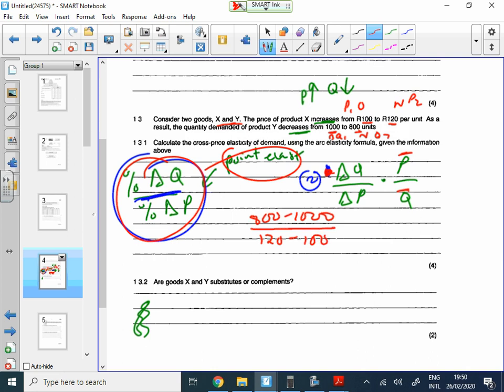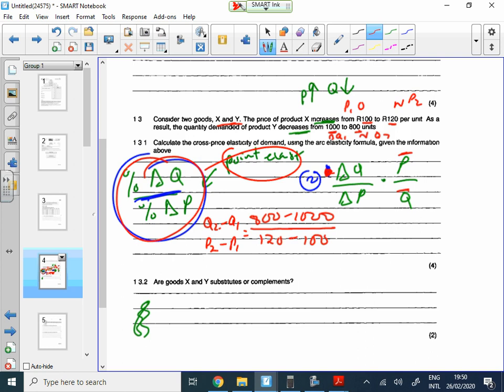Be careful that you separate the same way. In my case, I said Q2 minus Q1, so I need to say P2 minus P1. If you don't do that, you are going to lose the sign. You might end up having a positive or a negative when you're supposed to have something else.